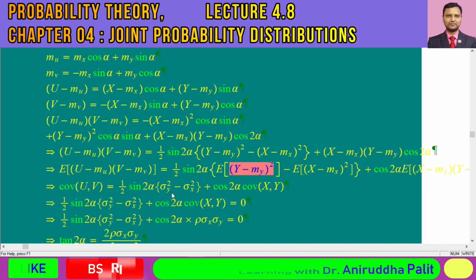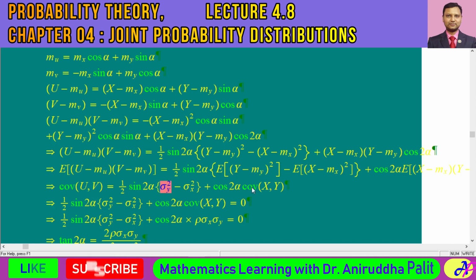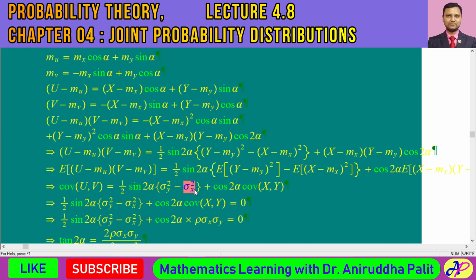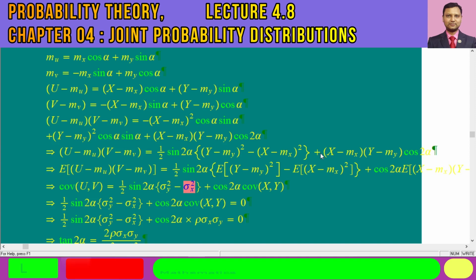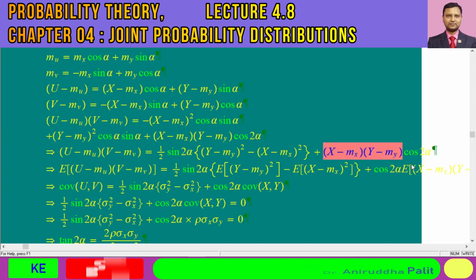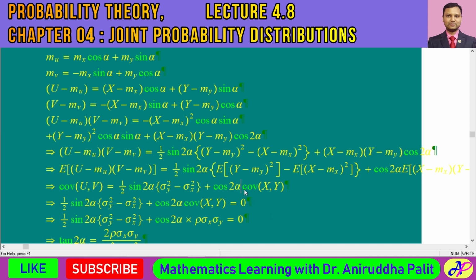Its expectation will give us sigma y square, and the expectation of x minus mx whole square will give us sigma x square, and the expectation of x minus mx into y minus my will give us the covariance of x comma y.